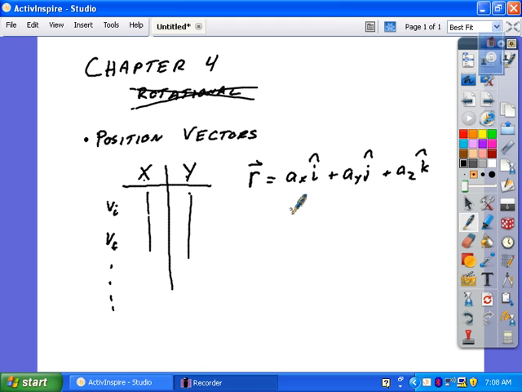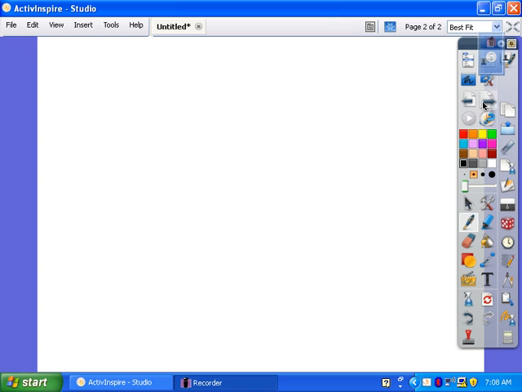All right. Now, the big change is going to be when we get into velocity vectors. When we talk about velocity vectors, last year we talked about average velocity, which is basically how much your position is changing over a period of time.